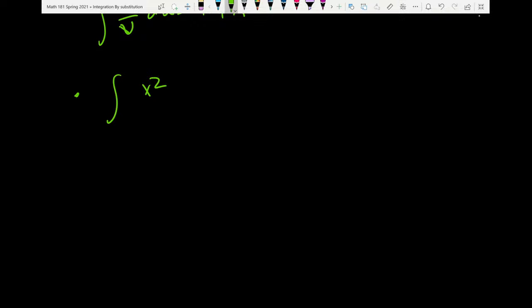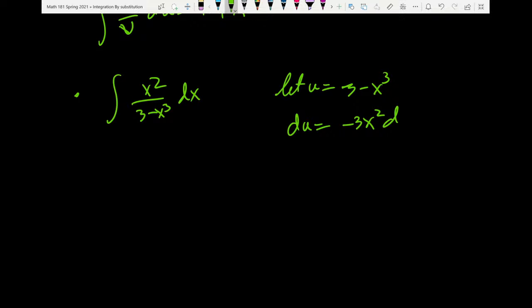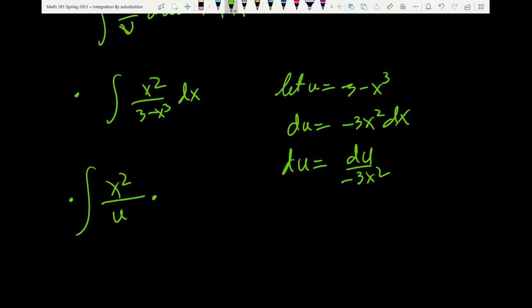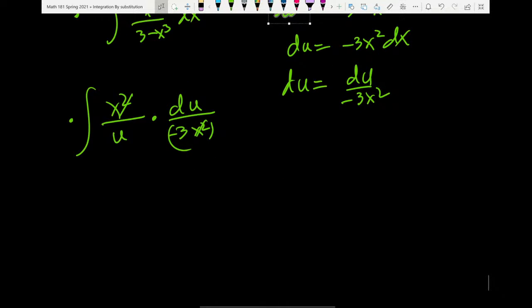Let's look at this one. So let u be -3 minus x cubed. du is -3x squared dx. So dx equals du over -3x squared. Now you look at it. x squared over u times du over -3x squared cancels out.